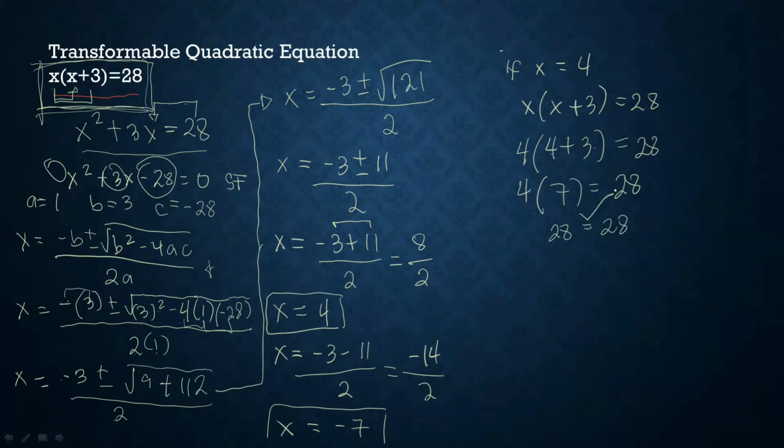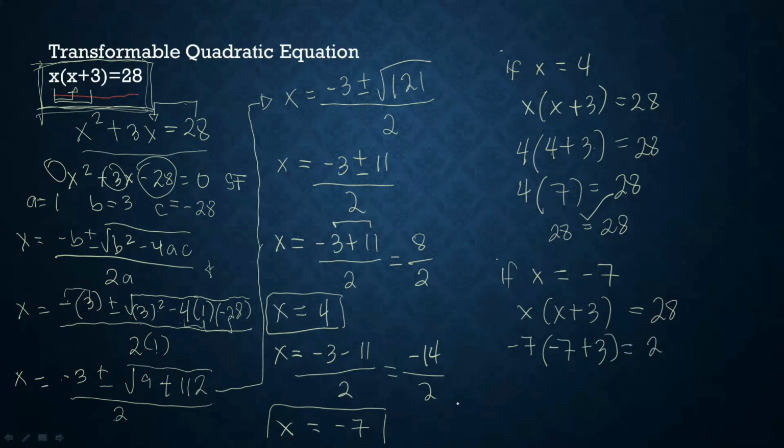Next is to check the value of x if x is equal to negative 7. So, x times the quantity of x plus 3 is equal to 28. So, let's substitute the value of x, which is negative 7 times the quantity of negative 7 plus 3 is equal to 28.